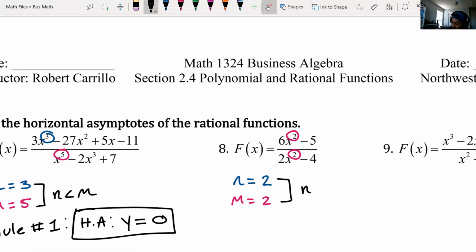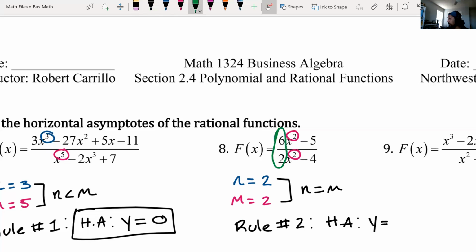This means that our degrees are equal, which means this is rule number 2, where it states that your horizontal asymptote will be y equals the leading coefficients over one another. So you'll have 6 over 2, or y equals 3.